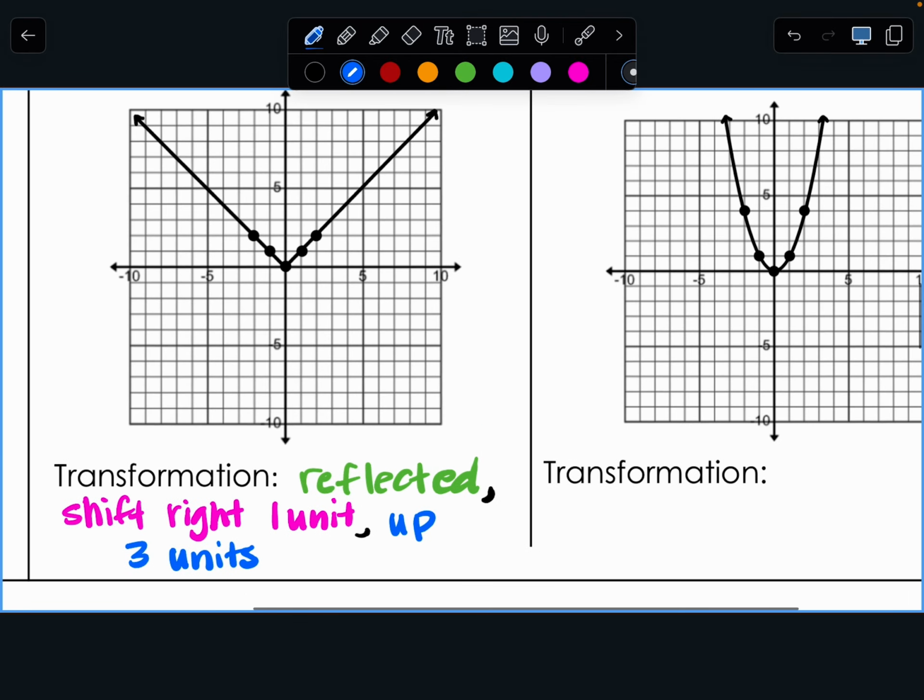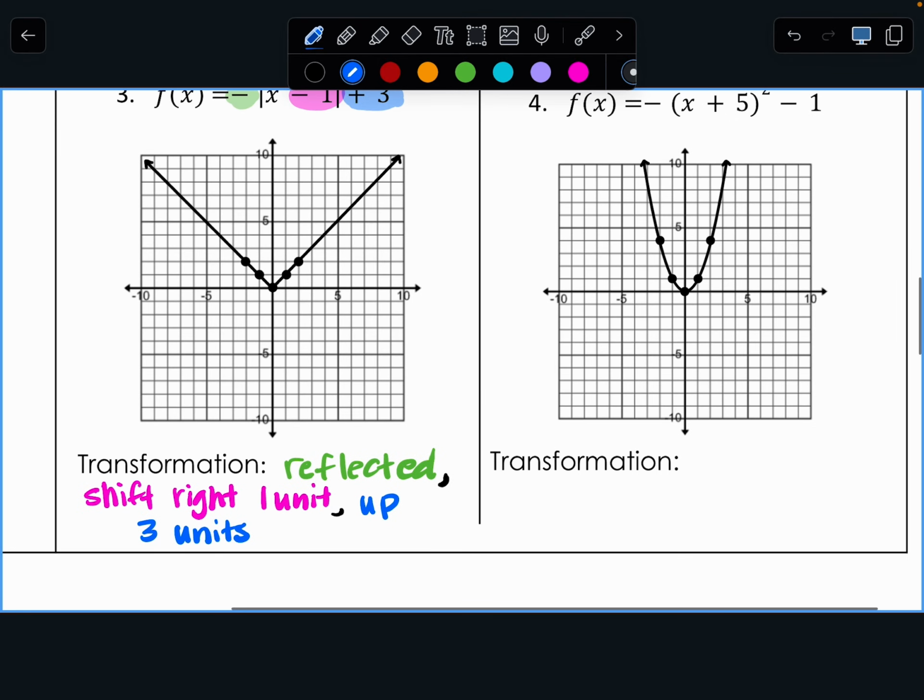Okay, so first thing we're going to do is move the vertex. So let's move the vertex right 1 unit and up 3 units. So here is my new vertex. And it's reflected. So instead of going up in a V shape, I'm going down in a V shape.